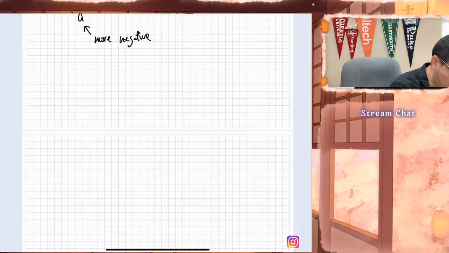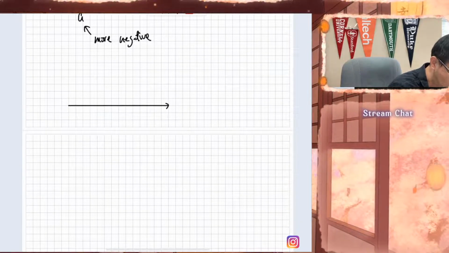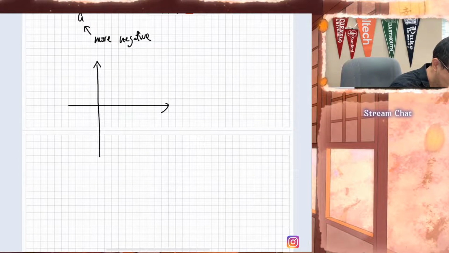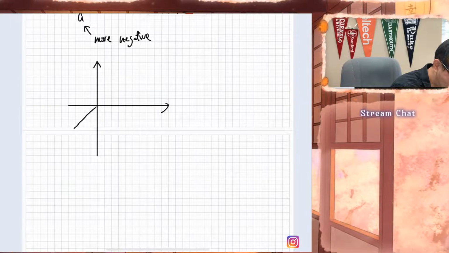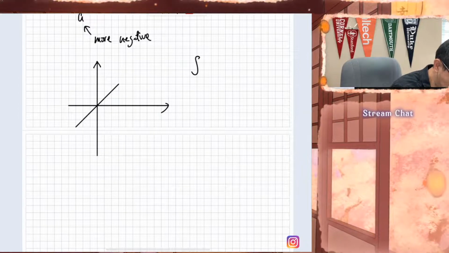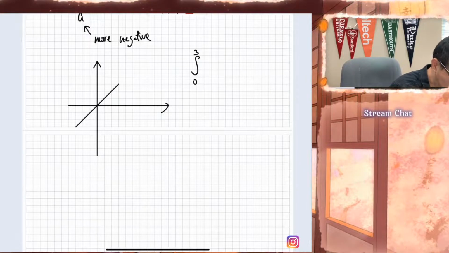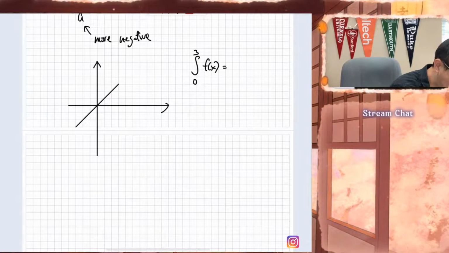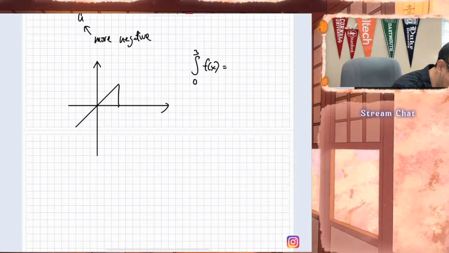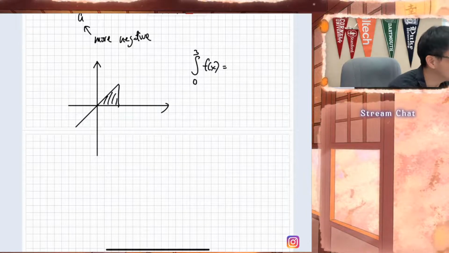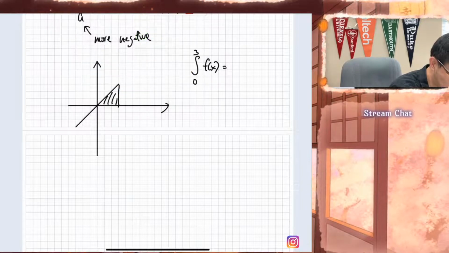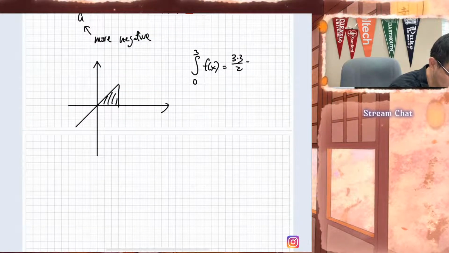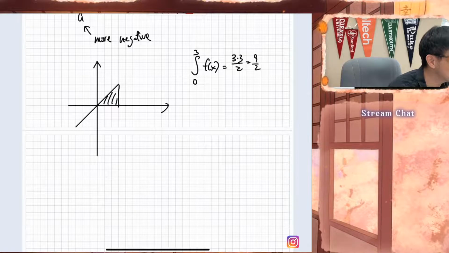So let's say I have a graph like this, okay? The integral between 0 to 3 of f of x, well, we know this is above the x-axis, right? So therefore, this one is 3 times 3 over 2, which is 9 over 2. Does that make sense?